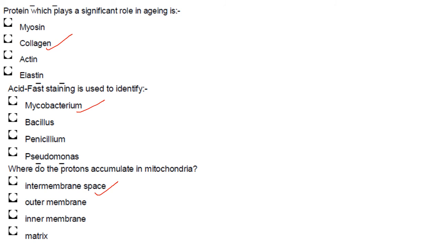So protons accumulate in the intermembrane space in the mitochondria as electrons move in the electron transport chain present in the inner mitochondrial membrane. Then this proton gradient across the membrane drives ATP synthesis by oxidative phosphorylation.